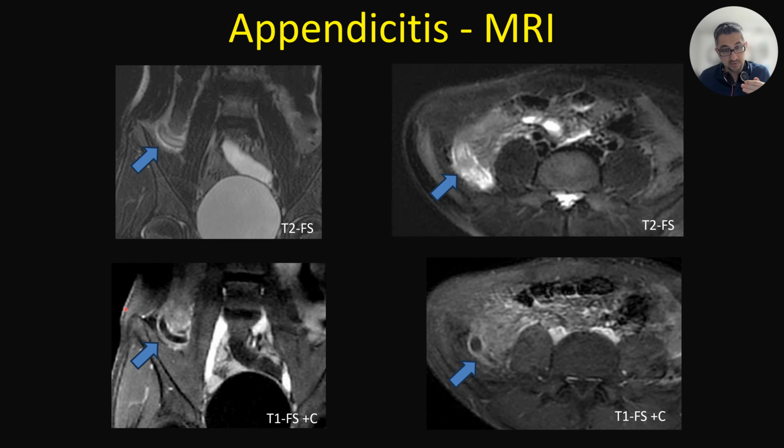Here on the post-contrast images, there is enhancement of the wall and the periappendiceal soft tissues. And here you can see the enhancement and the T2 signal intensity. There is fluid signal around the appendix, and the appendix lumen also appears hyperintense. So this is confirming the diagnosis.